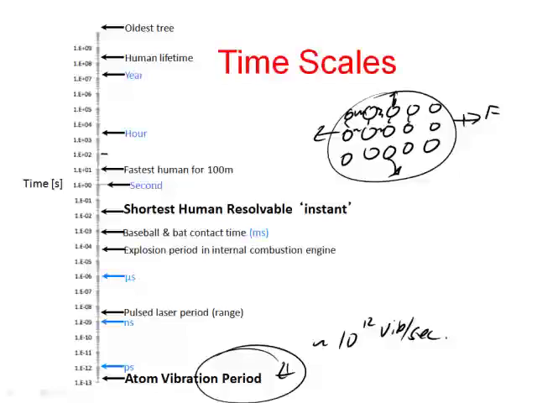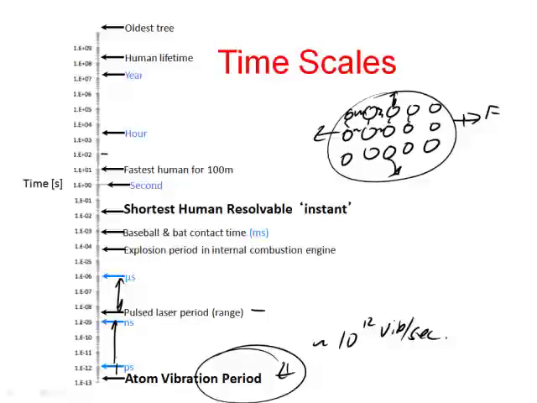So anyway, just to put this on a logarithmic scale, atom vibrations happen here on the order of a picosecond. We end up going 1,000 picoseconds to get to a nanosecond. Nanoseconds are maybe the range of a pulsed laser that you might get. A microsecond is 1,000 times slower than that.